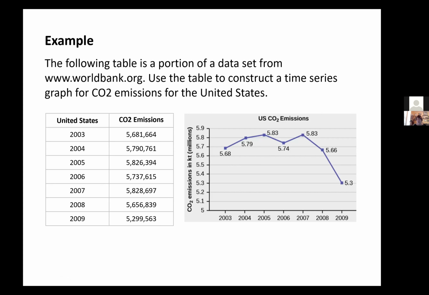So in 2003, we had 5.7 million parts per, whatever that is, parts per million in carbon dioxide emissions. So we can actually plot that. In 2003 on the vertical, we could plot 5.68 and we can see what happens.